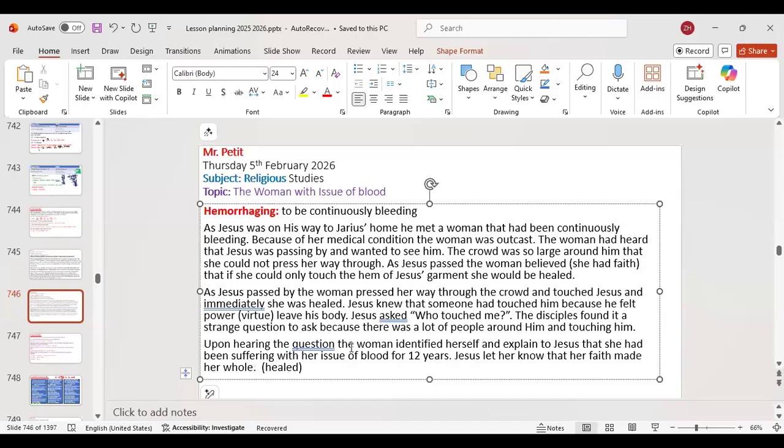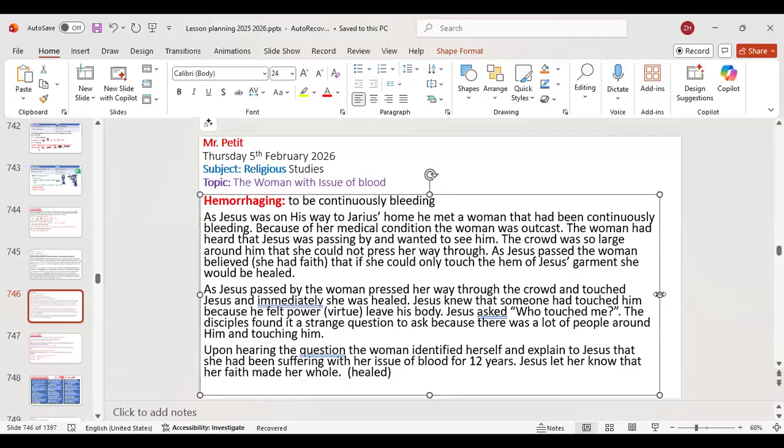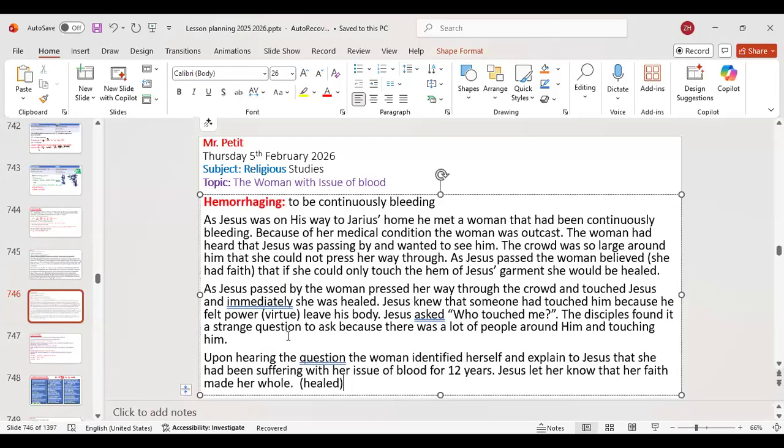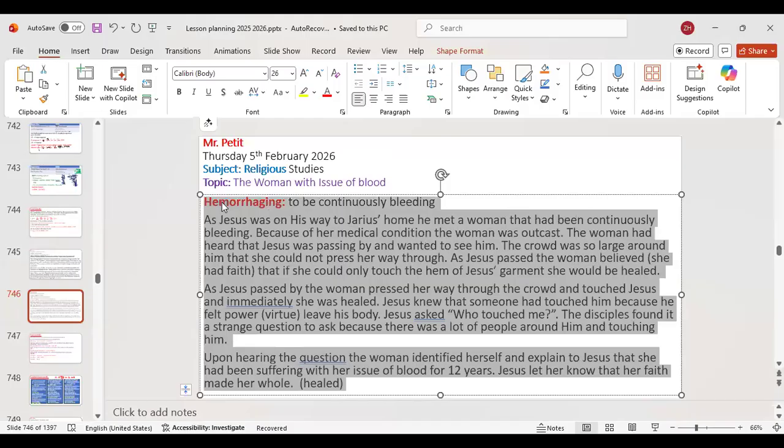Okay. And that's it. So my question is, where was Jesus going? To whose abode was Jesus going? Jairus' house. Very good. What was the situation with Jairus? His daughter was sick.